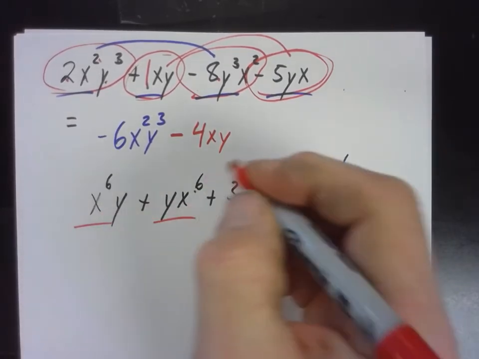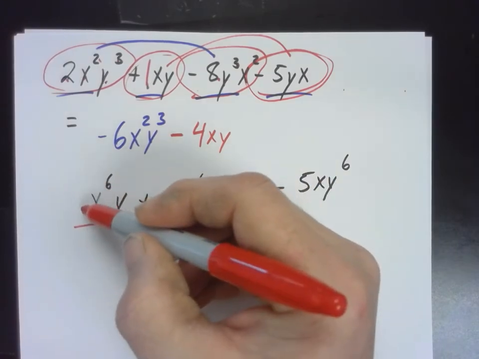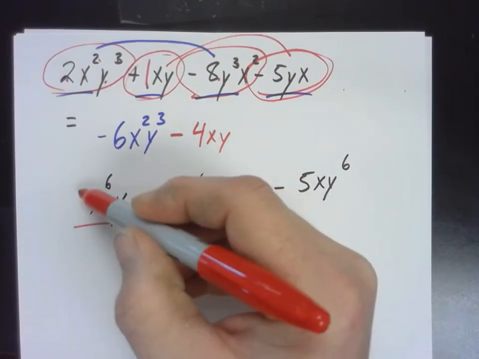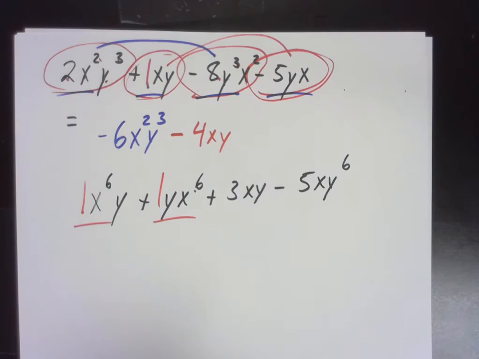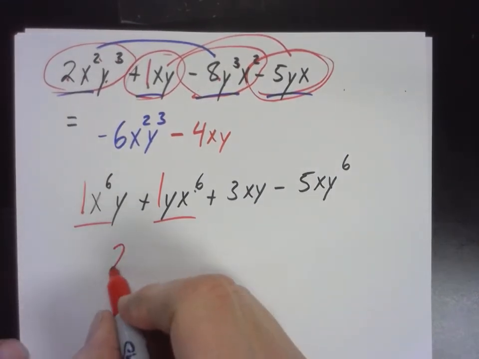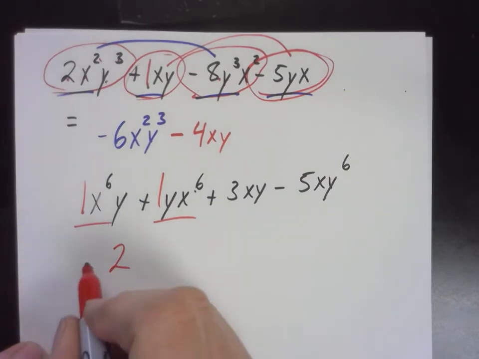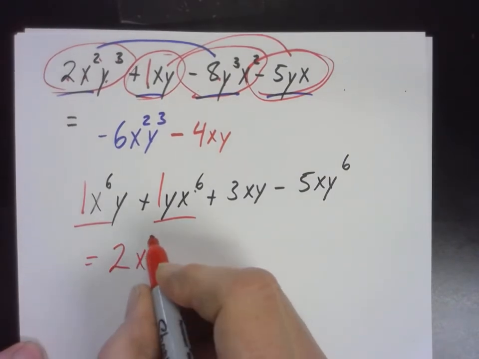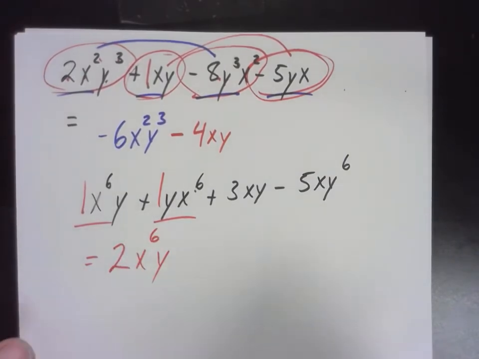So now tell me about the numerical coefficients of each one. What do we have here? 1. Okay. So they're like terms. I add them together. 1 plus 1, that's 2. 2x to the 6th y. And we're not going to add the exponents because we're not multiplying. We're adding, right? So this is what you got to remember.